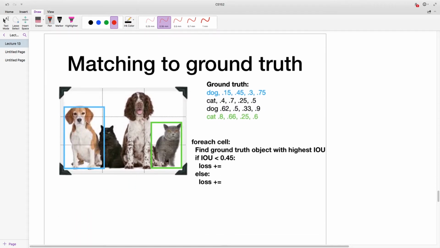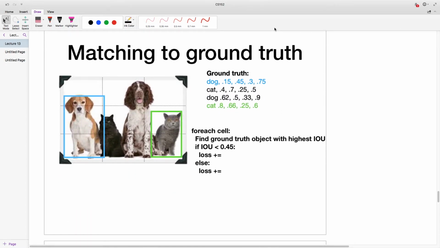So we want to match to ground truth. Here's what we're going to do. We're going to go through each cell, and we're going to find the ground truth object with the highest IOU. Do we need to know what the prediction is in order to find this IOU? No, because I didn't say anything about the bounding box of the prediction.